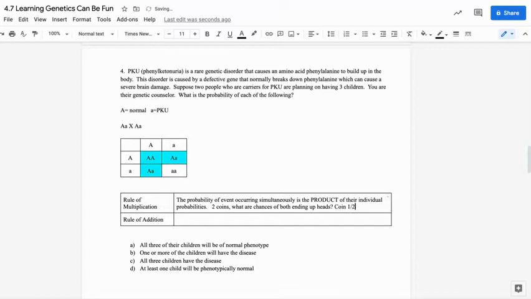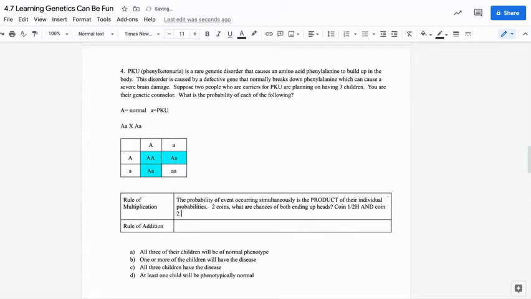Coin one, you've got a 50-50 shot, so a 1 in 2 shot of ending up heads. And this is going to be a keyword, and coin two, same thing, you've got a 50-50 shot. The word "and" implies multiply, these happening together, this and this.